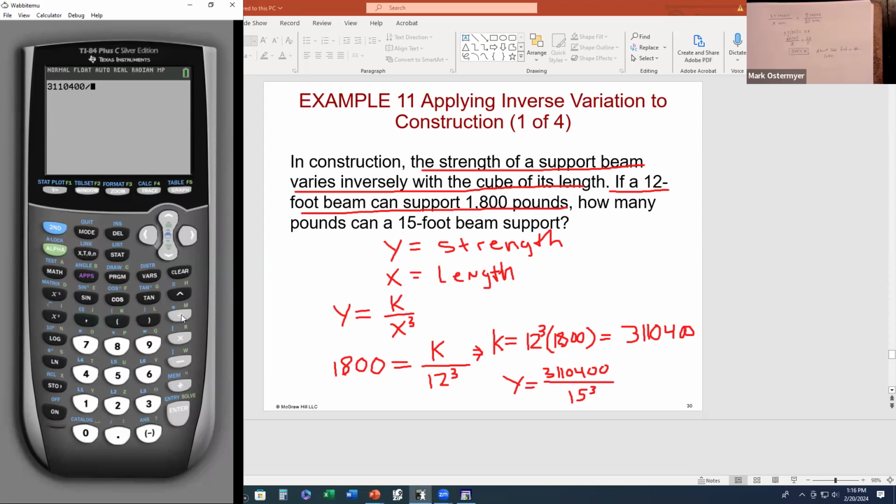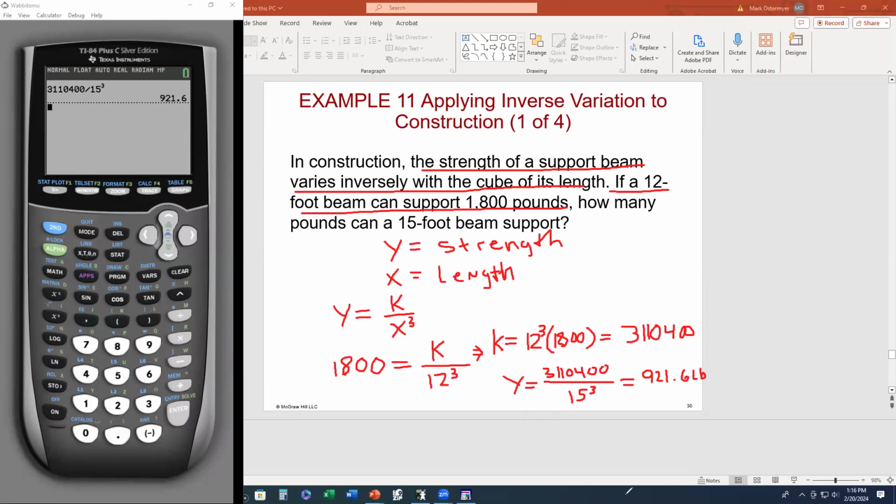We're going to divide that by 15 cubed. And I'm coming up with 921.6 pounds, correct? That's how much weight this beam can handle before it snaps. Okay? Everybody see that there?